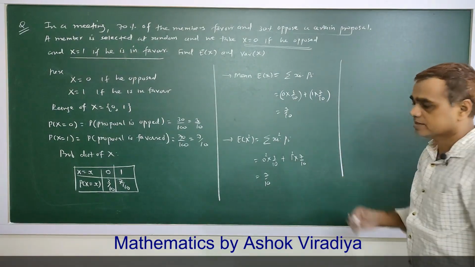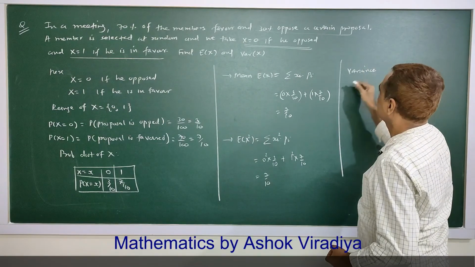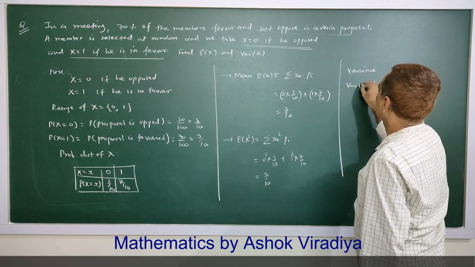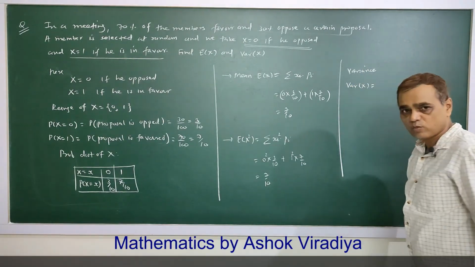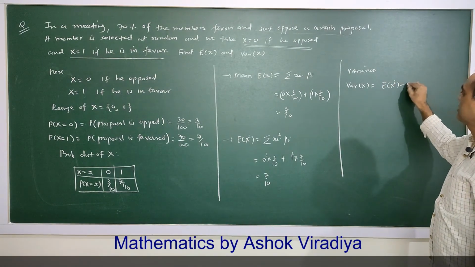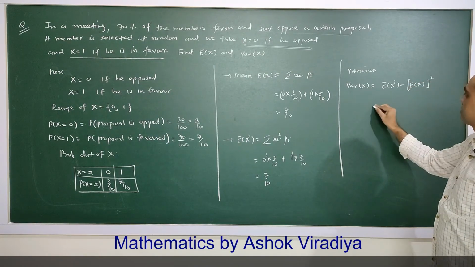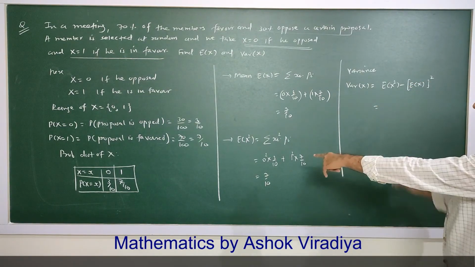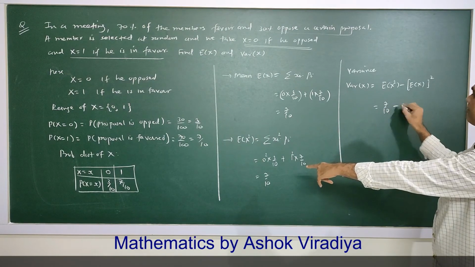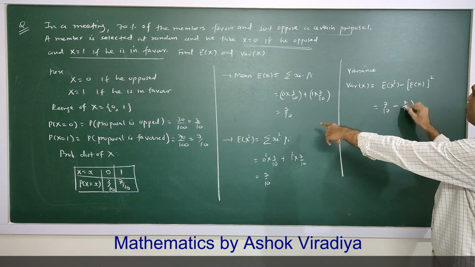Now the variance of X, or sigma X square, is E of X square minus E of X whole square. E of X square is 7 by 10 minus 7 by 10 whole square.